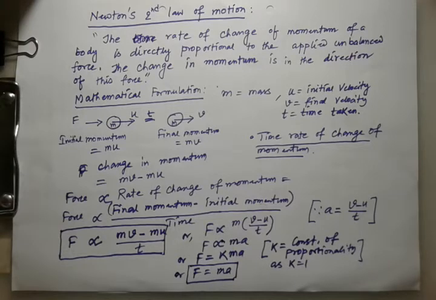The applied force on a body is given by the product of the mass of the object and the acceleration produced in it. This law is also called the quantitative law of motion. It gives the relation for the force in terms of acceleration, where acceleration is the rate of change of velocity.